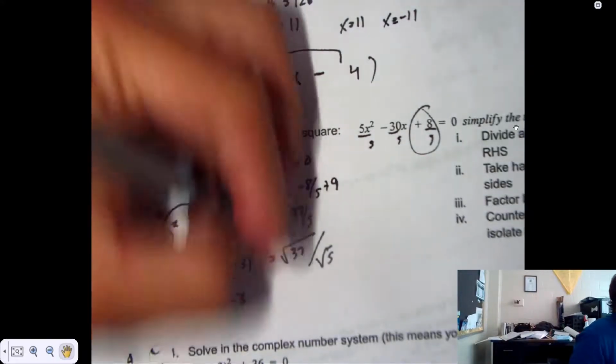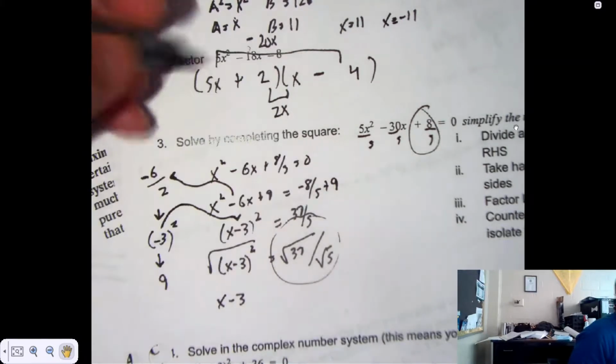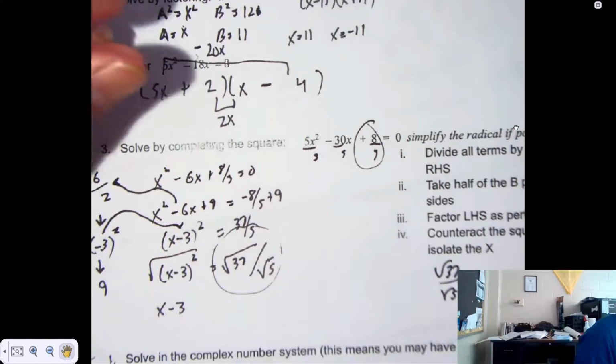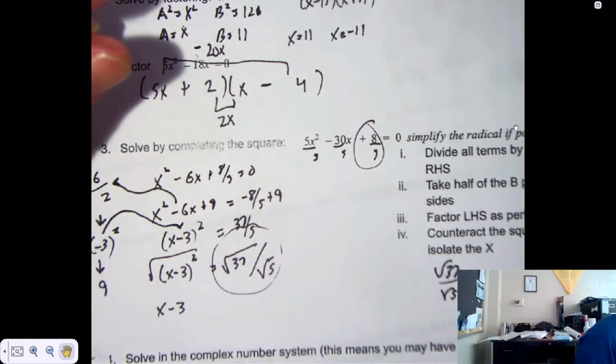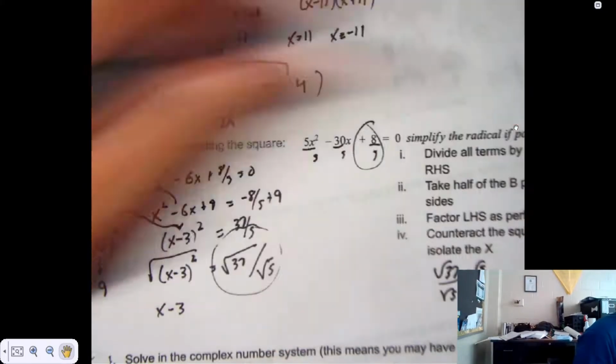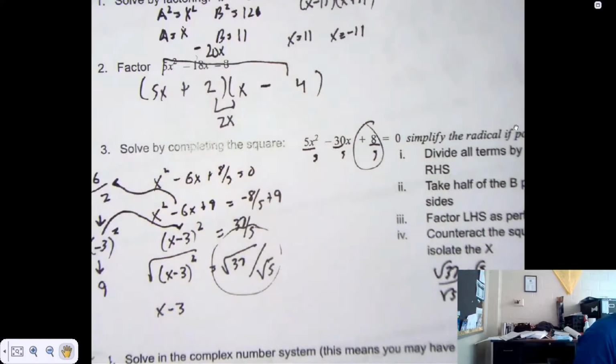Cancels out. Now, I'm going to work with this number off to the side. This number is ugly because it has a radical where? On the bottom. How do you fix that? By root 5 over root 5. If it's just a simple radical on the bottom, you just multiply the top and bottom by whatever that radical is.